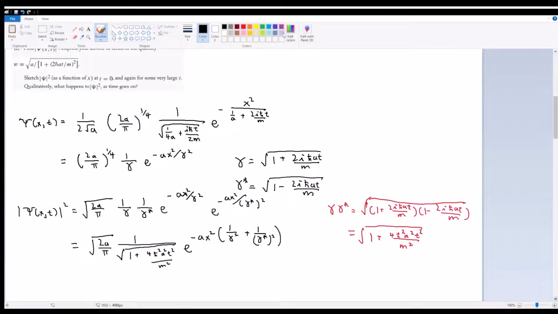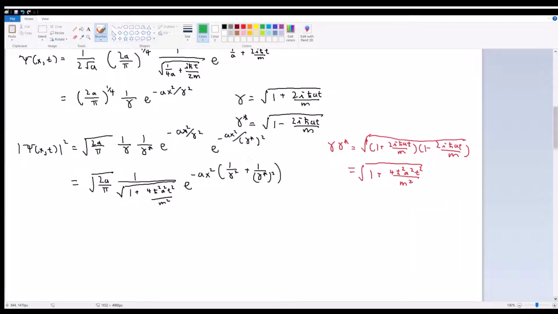So what does this equal? Let's simplify this out as well. So gamma squared is equal to 1 plus 2i h bar at over m. So we want to collect like terms, since this is going to just be m over m plus 2i h bar at. So 1 over gamma squared is going to equal m over m plus 2i h bar at.